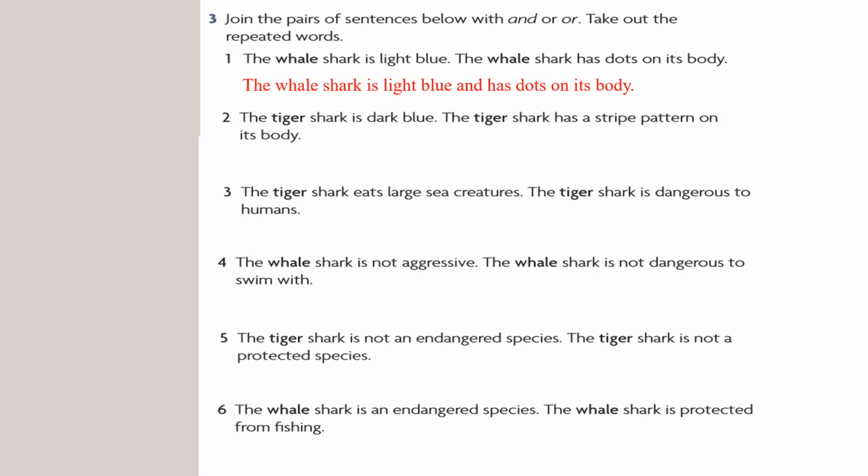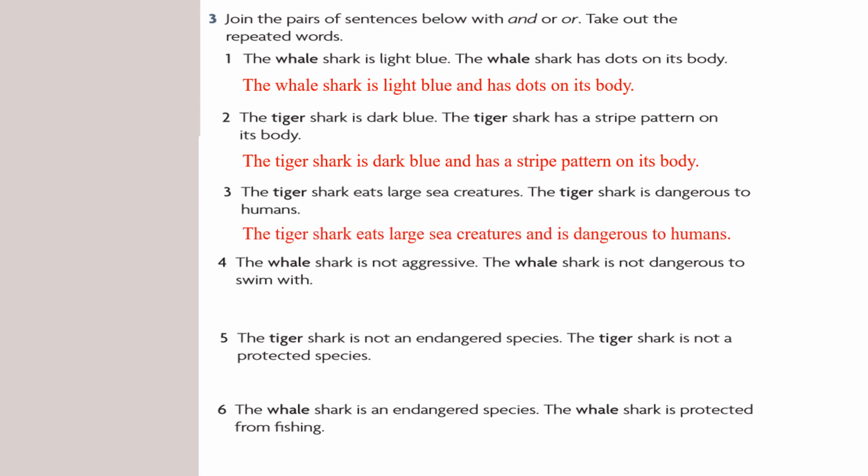Number 1. The whale shark is light blue and has dots on its body. Number 2. The tiger shark is dark blue and has a stripe pattern on its body. Number 3. The tiger shark eats large sea creatures and is dangerous to humans.